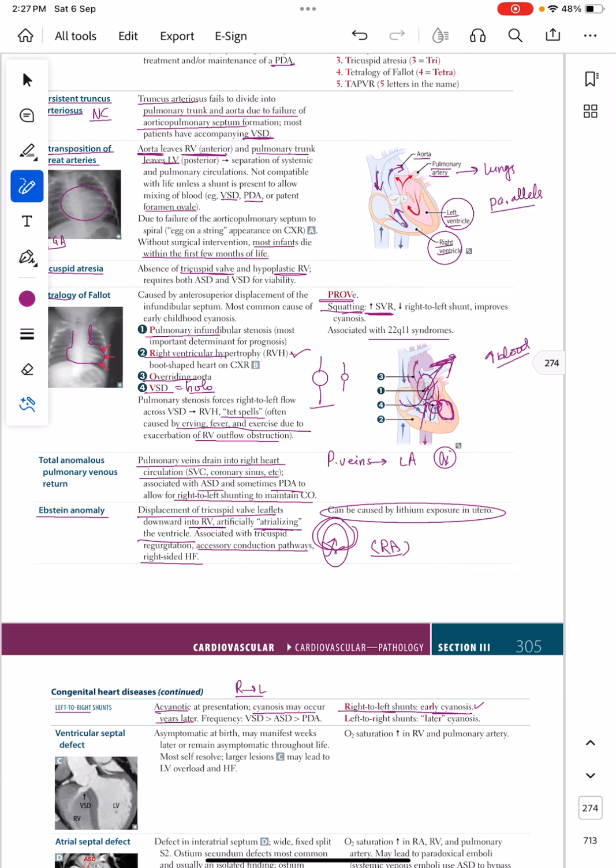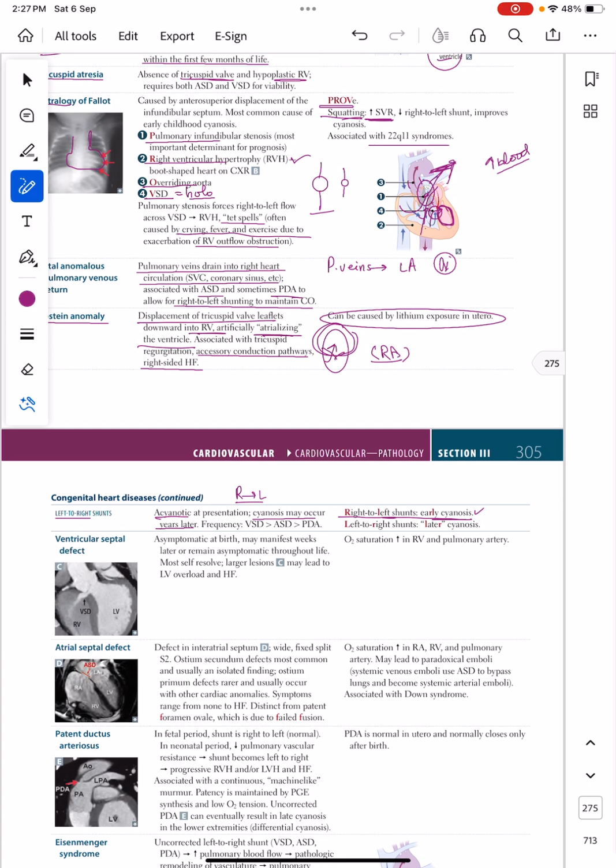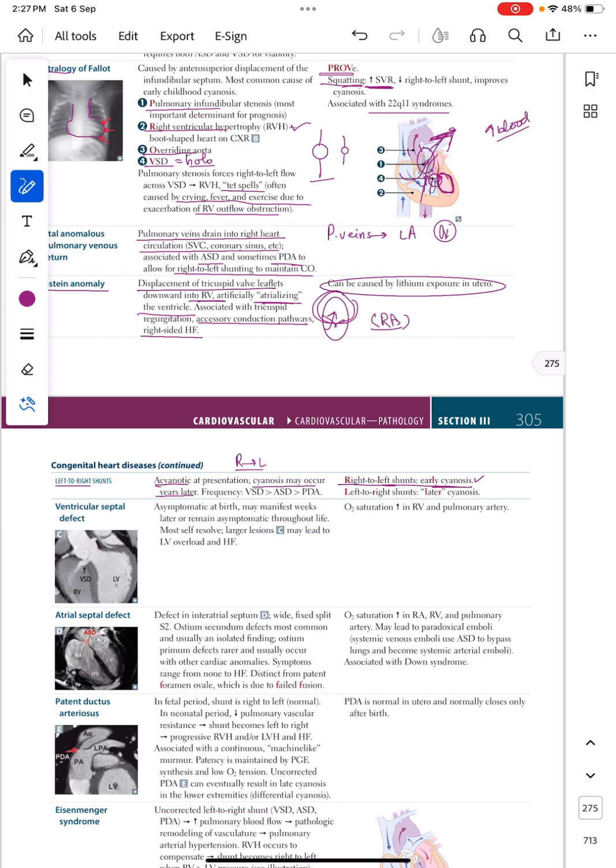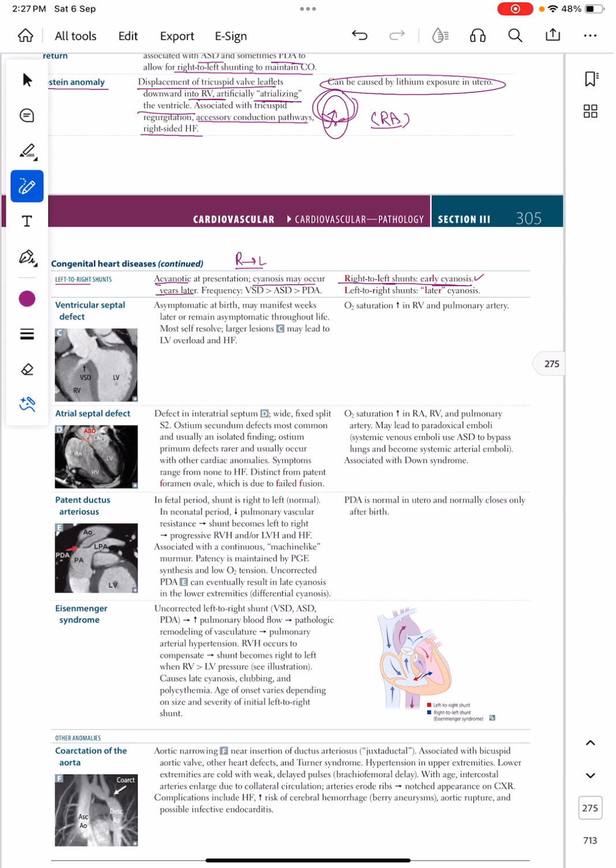This is important. The next are the congenital heart conditions which are acyanotic, meaning there is no cyanosis at birth, but cyanosis does develop later in life due to reversal of the shunt, known as Eisenmenger syndrome. What happens in Eisenmenger syndrome is an uncorrected left to right shunt, for example ASD, VSD or PDA.